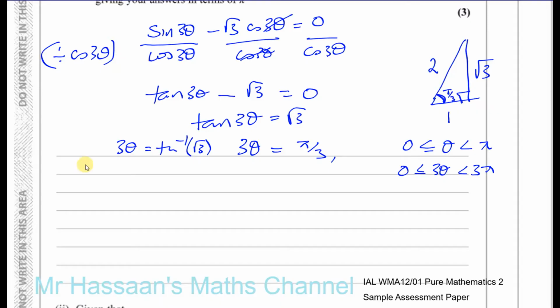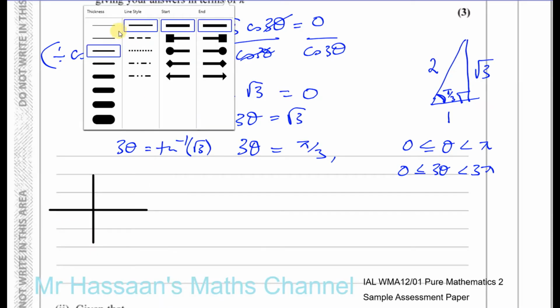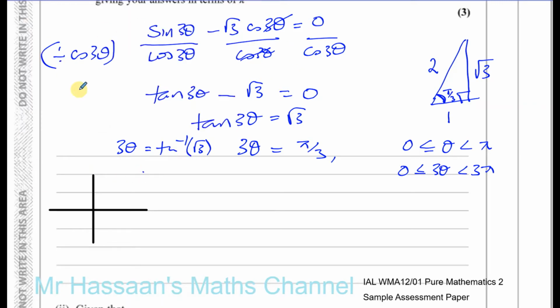So I'm going to show you another way as well, so it's another way to think about it. The unit circle. Okay, the unit circle might help some of you understand. I'm just trying to do things that some of you are used to. So we know that in the unit circle, it's taken from the graphs basically, that in the first quadrant all 3 ratios are positive: sine, cosine and tangent. That's between 0 and 90 degrees, 0 and pi over 2. The second quadrant, only the sine ratio is positive.